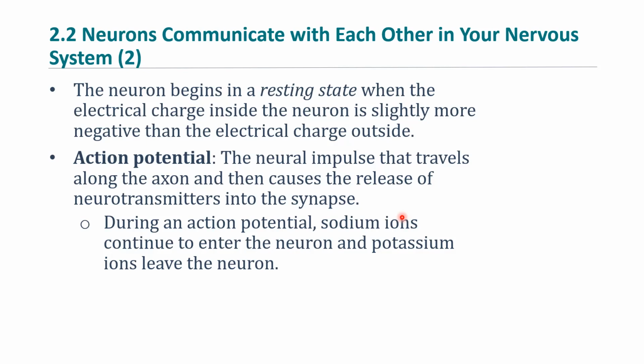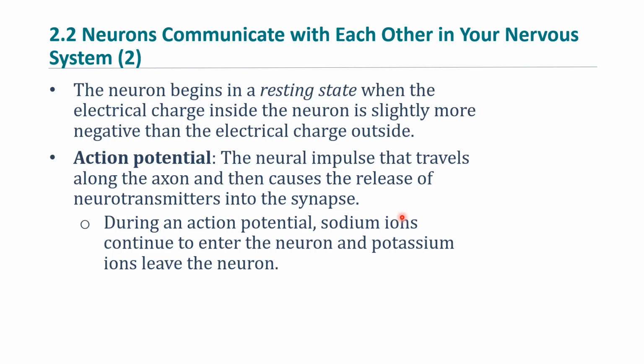This is because there are more potassium ions inside compared to sodium ions. Potassium ions are negatively charged. Sodium ions are positively charged. So when it's in the resting state, it's slightly negative.